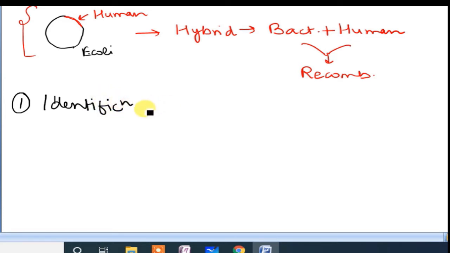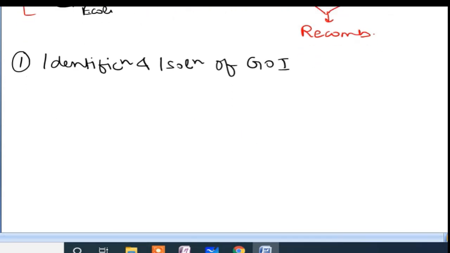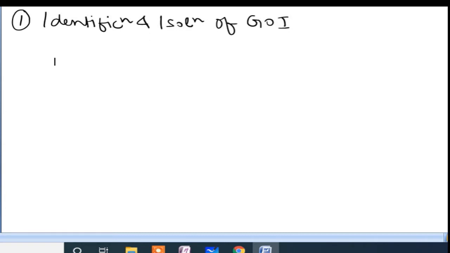What is the gene of interest? In our case, we have to work upon insulin. So insulin would be the gene of interest for us.